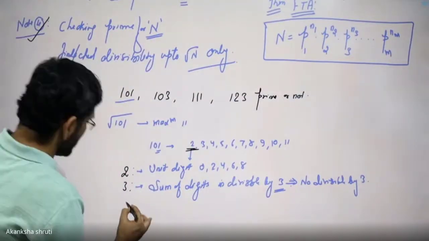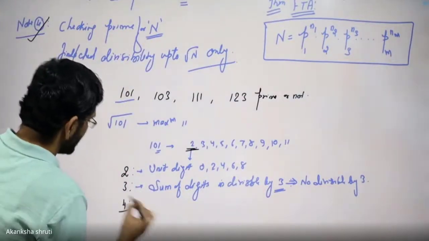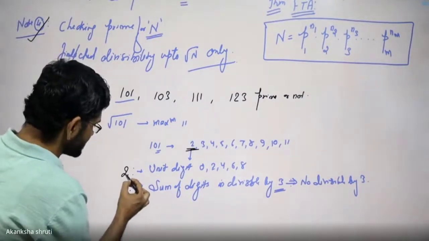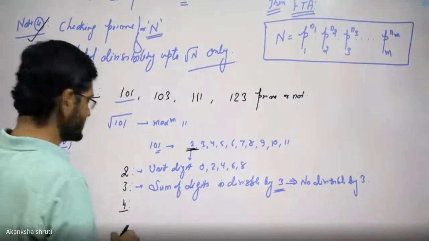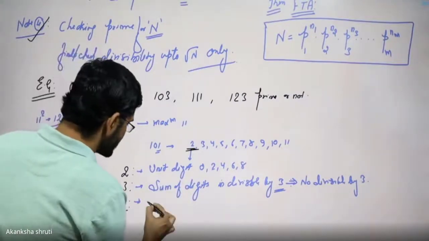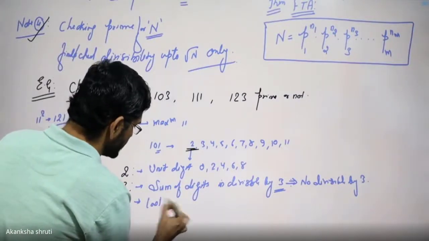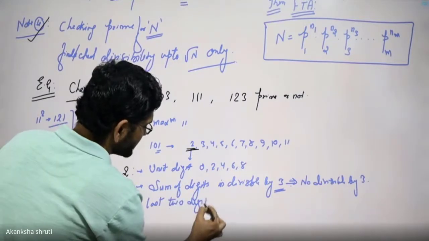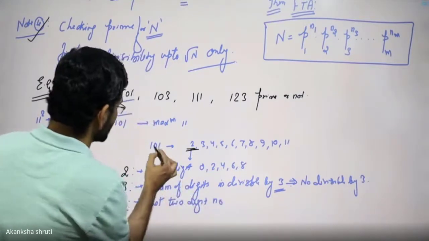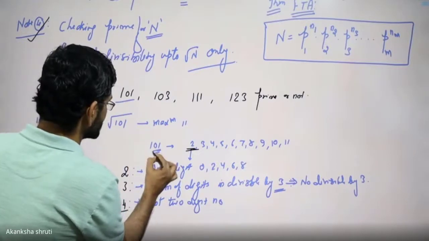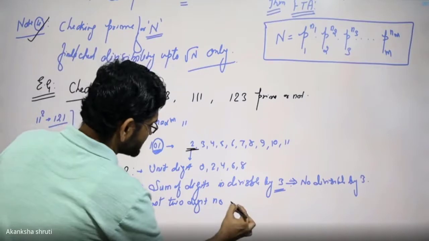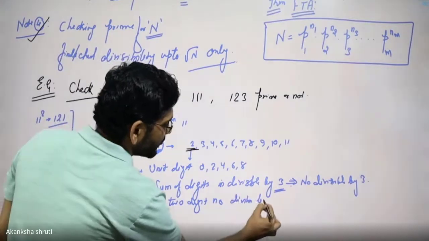For 4, again, the very first thing is it must be divisible by 2. In addition to that, the last 2 digits, like here, if we consider 101, then the last 2 digits are 01, must be divisible by 4.